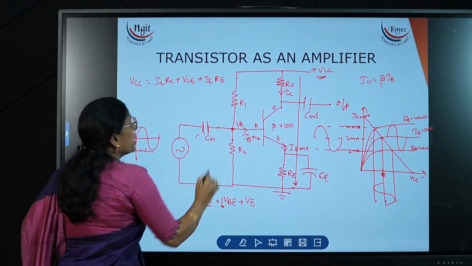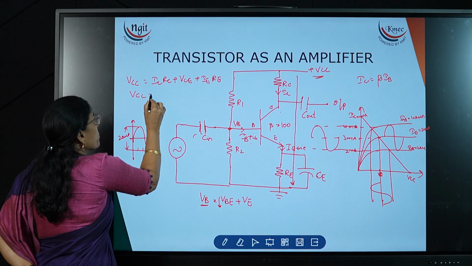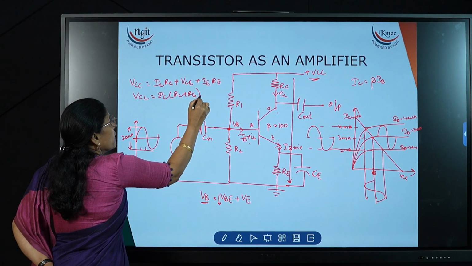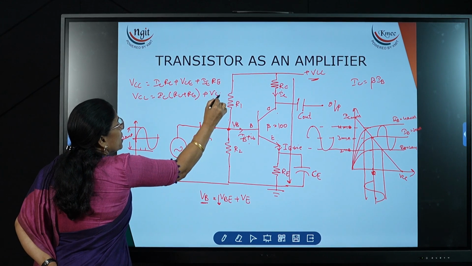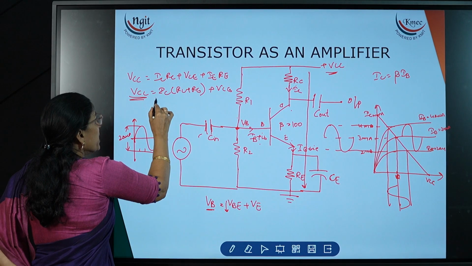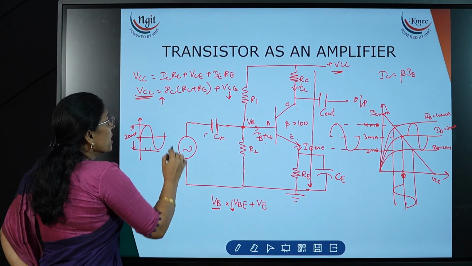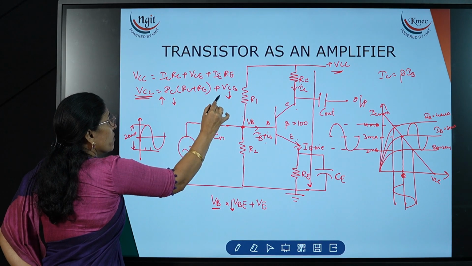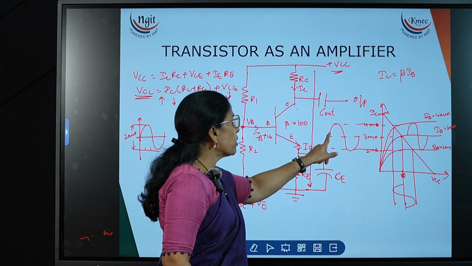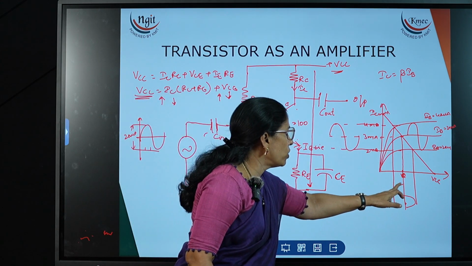Now where IC is almost equal to IE, we can rewrite this expression as VCC equals IC into (RC plus RE) plus VCE. In this, VCC is a fixed value. If IC is increasing, thereby what? VCE reduces. If IC reduces, then VCE increases. That's why if we substitute these IC values in this expression, then we get the voltage like this.